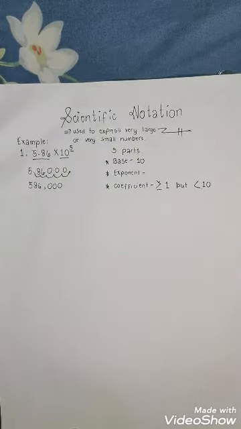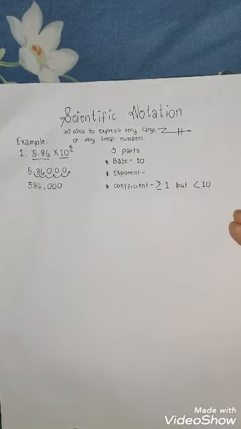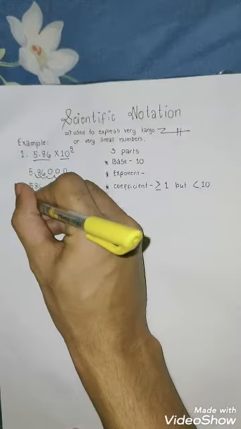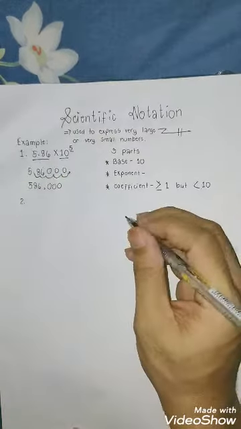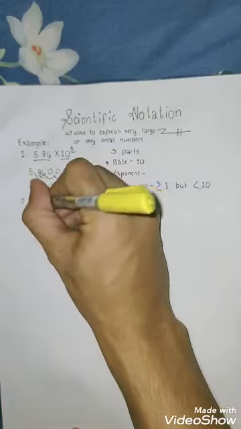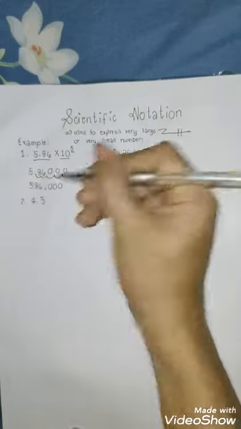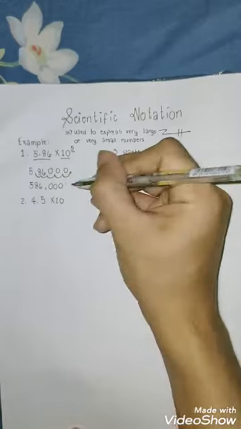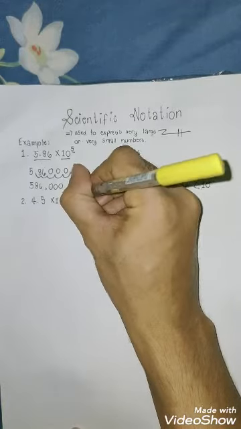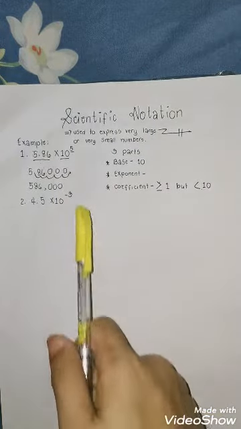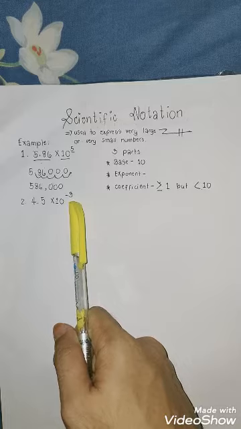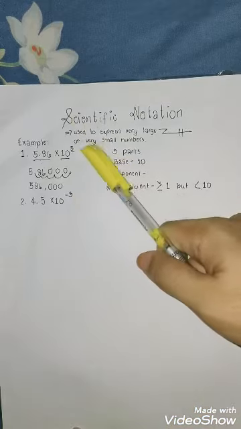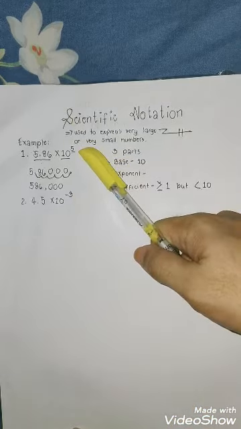Okay, so let's proceed with example number 2. Our example number 2 is 4.5 times 10 raised to negative 3. Napapansin ninyo, negative yung exponent natin, while yung kanina ang given ay positive.